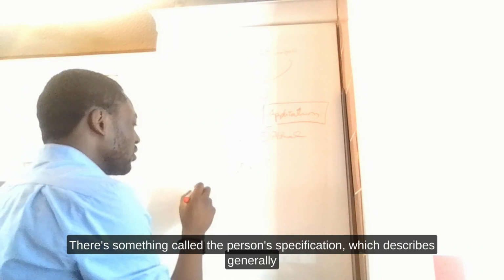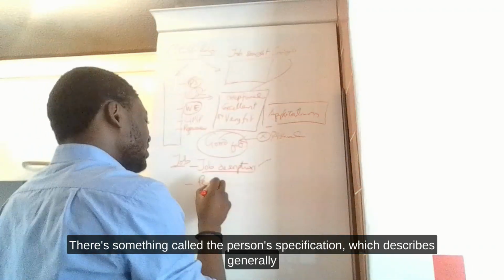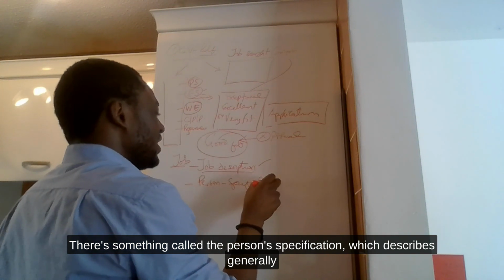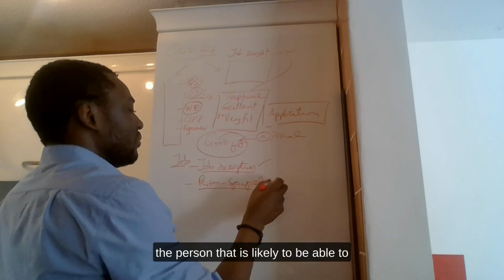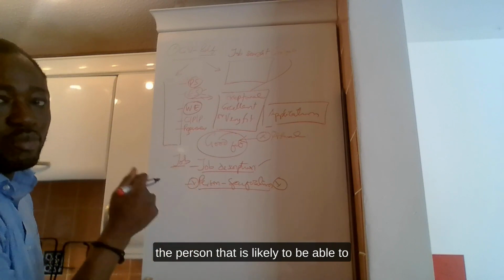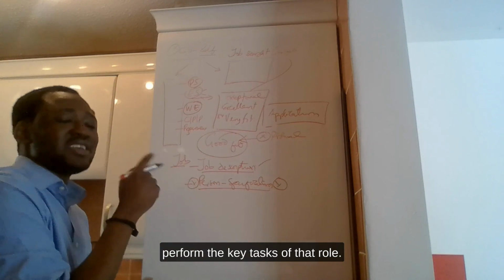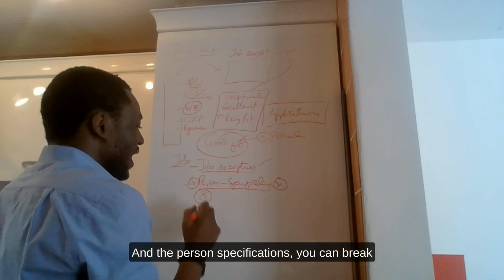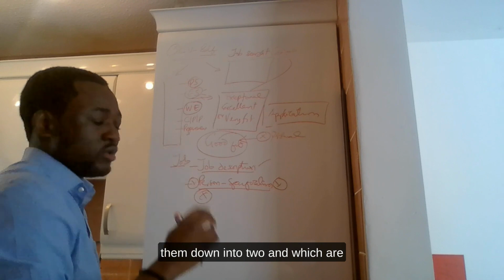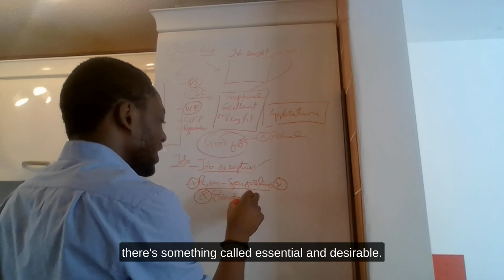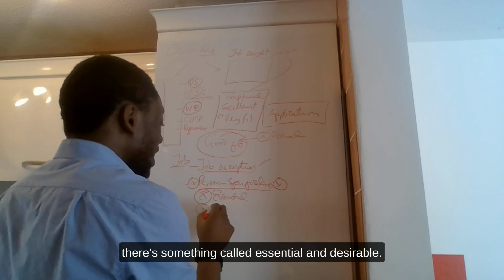There's something called the person specification, which describes generally the person that is likely to be able to perform the key tasks of that role.